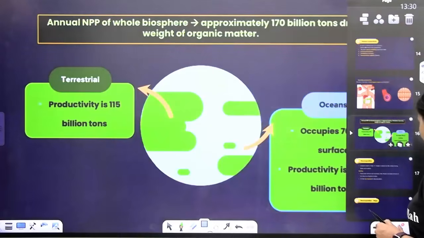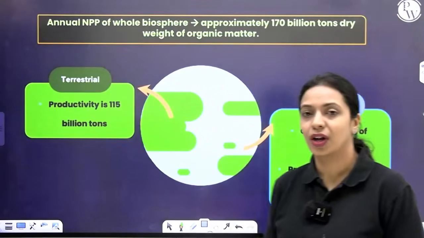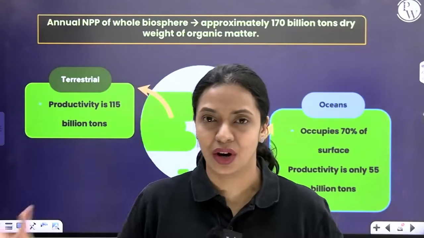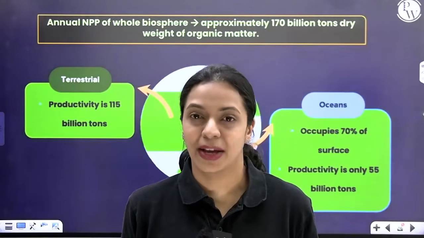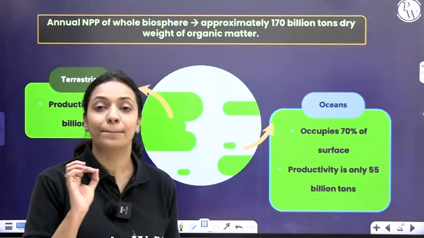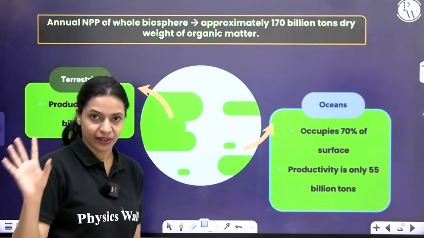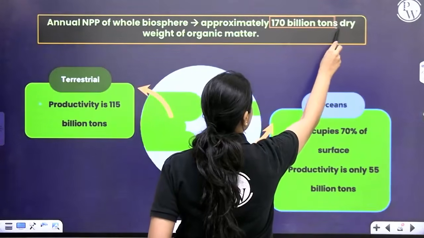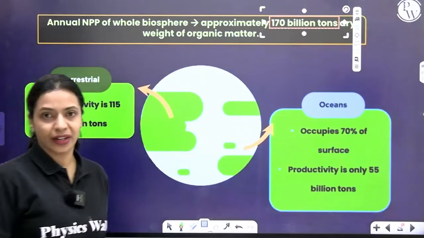Now, if you compare the net primary productivity, NPP, of the whole world, of the entire biosphere, it is about 170 billion tons per year. Annually, it is 170 billion tons of dry weight organic matter.